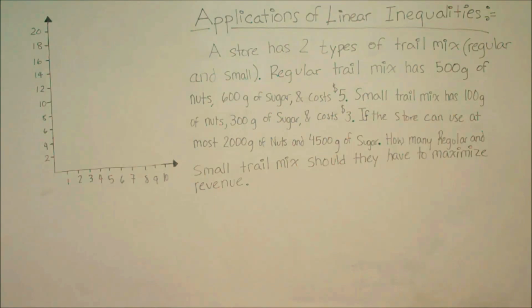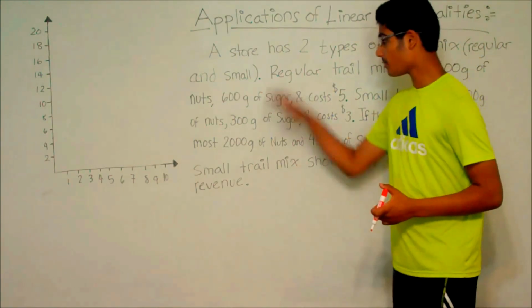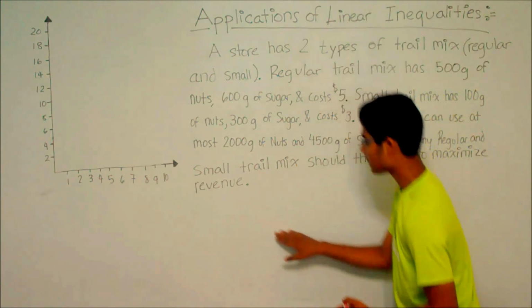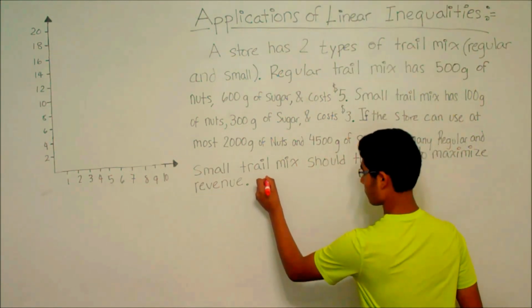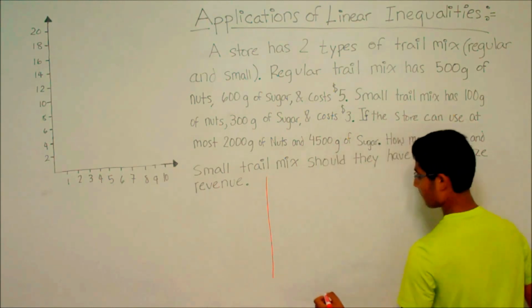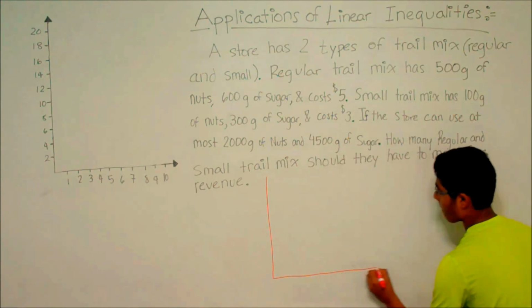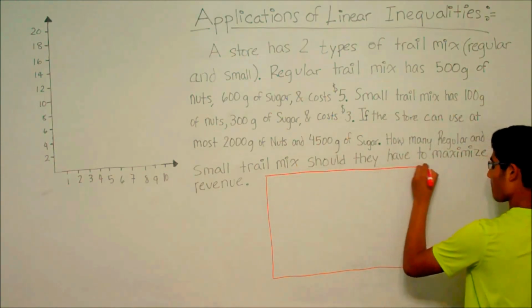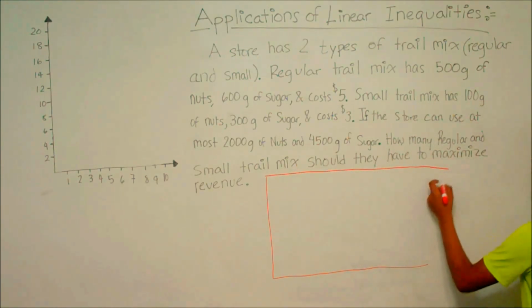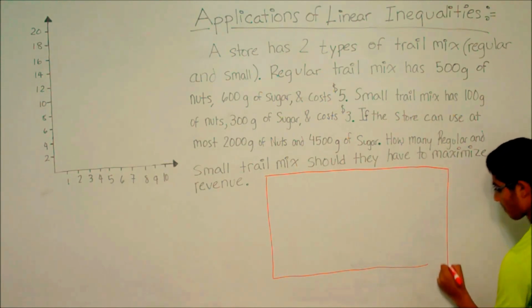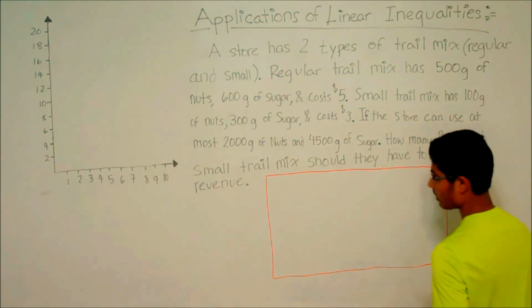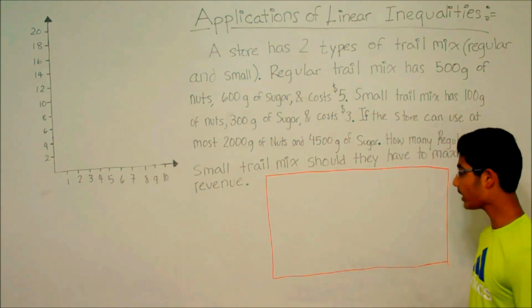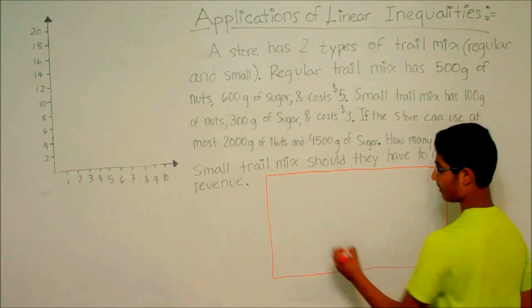So, when we have a problem like this, which lists out a bunch of information, we should put this in table form. So let's make a table. Now, here we're trying to figure out how many regular and small trail mixes they should have.